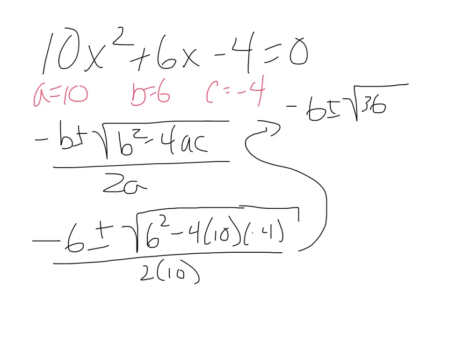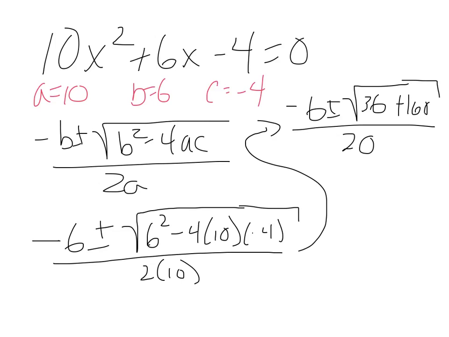Times negative 4, really. Close. 160. Negative and negative would make it positive. So we'd have 36 plus 160 in the square root. All divided by what? 20.